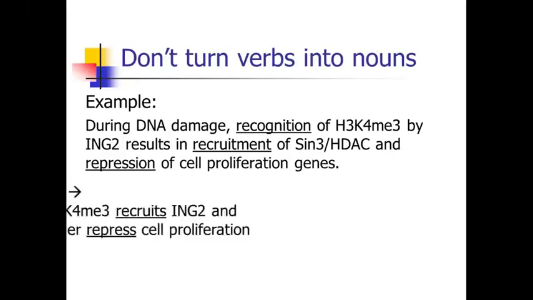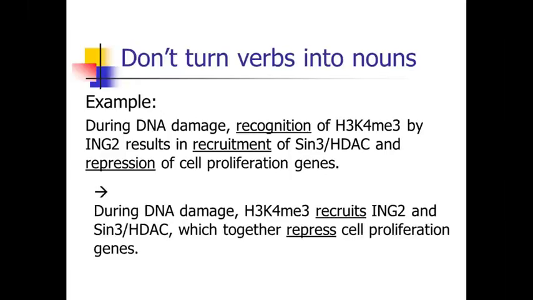So I edited this, with her approval and help, into: during DNA damage, protein 1 recruits protein 2 and protein 3, which together repress cell proliferation genes. You can see now we're writing with verbs. That sentence is a lot more active. It's easier to get a concrete picture in your head of what's going on. I could now draw a picture of this.